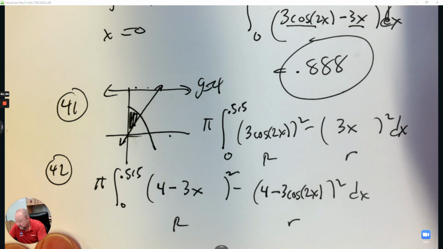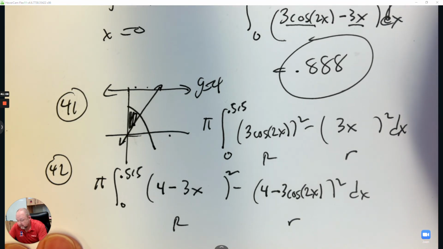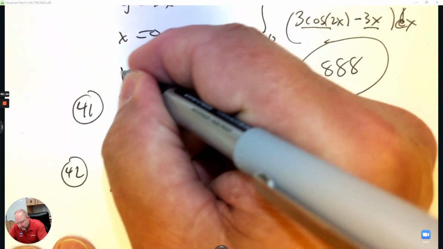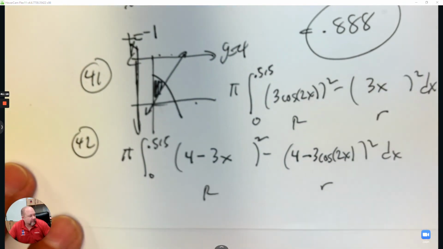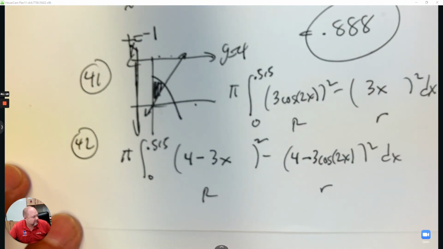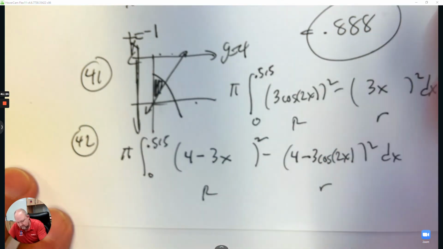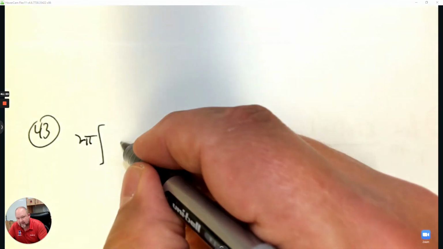Number 43, I don't want to run out of space here. 43, the solid is formed by revolving it about the line x equals -1. So that's here. This is going to be a shell, in terms of what's happening. So shell is 2 pi, and then it's the radius times the height.